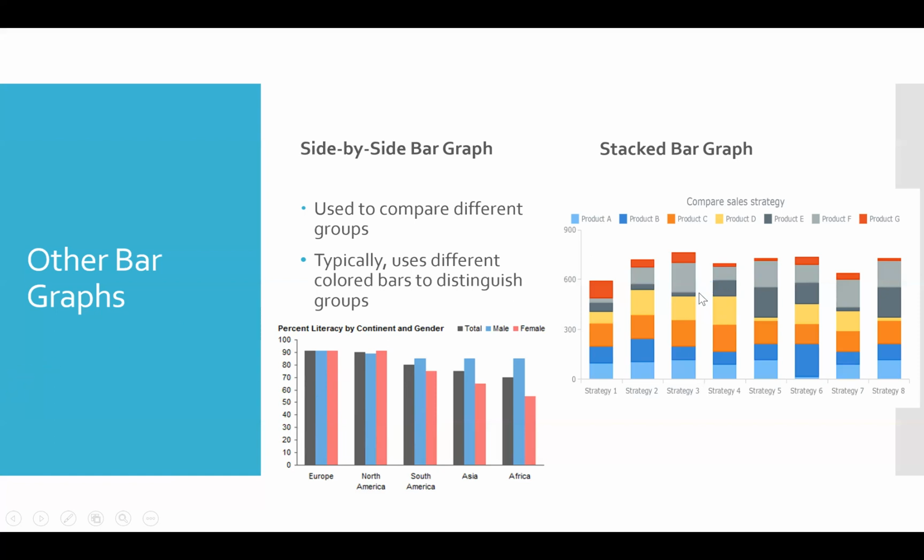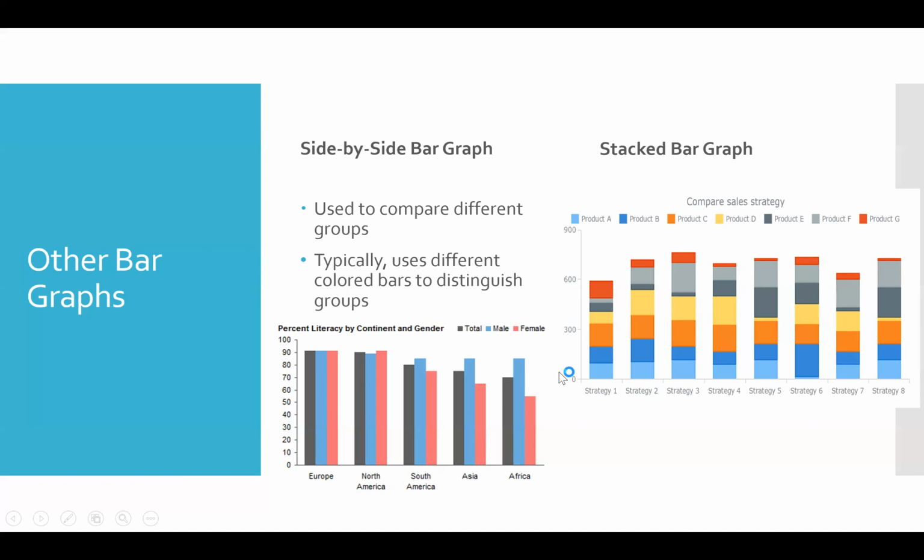Another form of a bar graph that personally I don't particularly care for, because to me it seems harder to read, is a stacked bar graph, where you stack the bars on top of one another and they're based on colors. This one says we're comparing sales strategies, and so you have 8 different strategies for products A, B, C, D, E, F, and G. Now it doesn't tell me on the vertical what it represents.